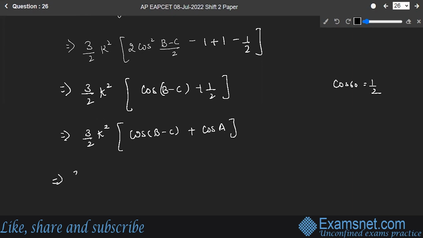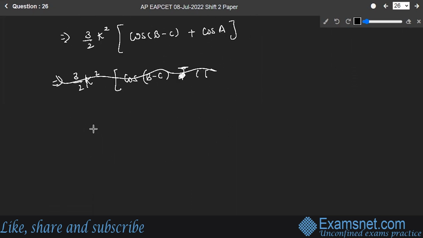So this will be 3/2 k² [cos(B - C) - cos(B + C)].